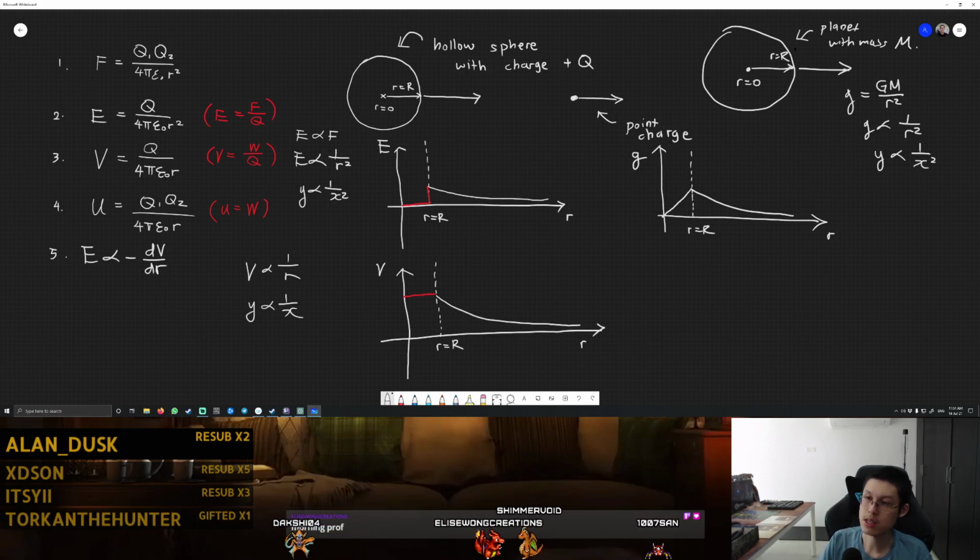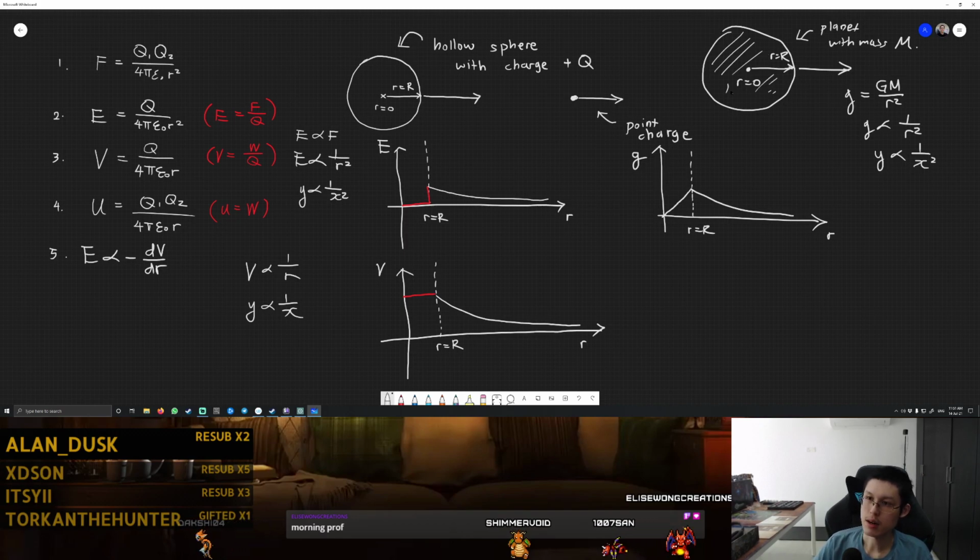This one is filled with mass, a uniform density planet, right? So that's different to this one. If you have a hollow planet, then you would actually get something like that instead. Okay, so instead of this, you would get a straight line down.